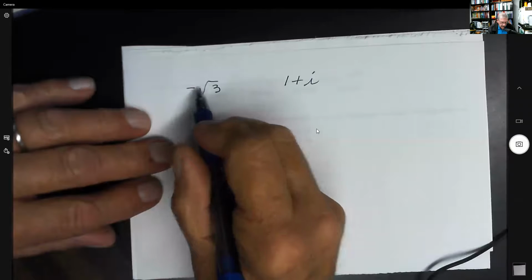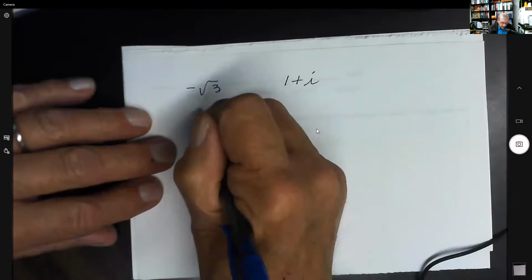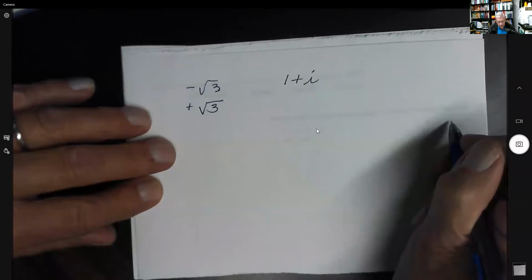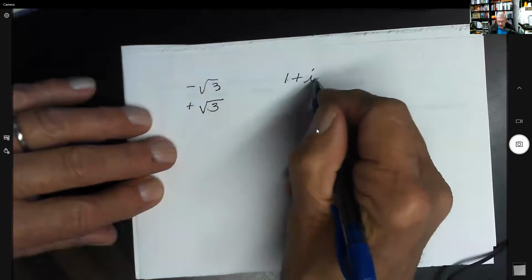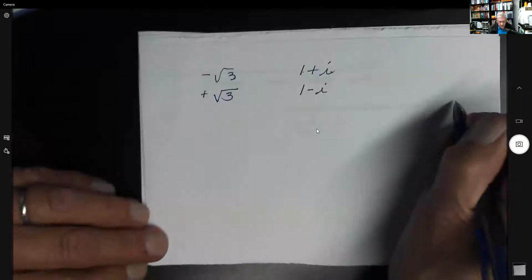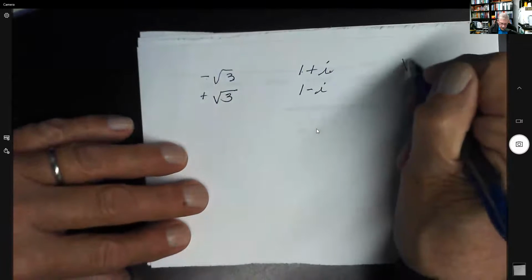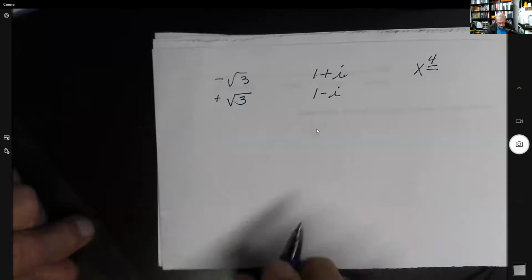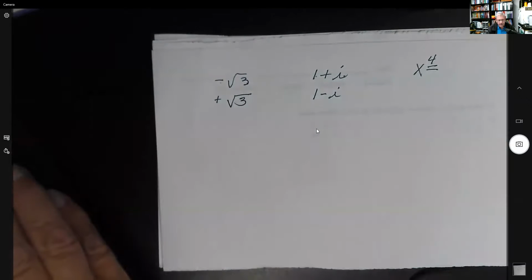Okay, so this is negative radical 3. You're going to have also positive radical 3. And if you have 1 plus i, you're going to have 1 minus i. So your equation has to be to the 4th power, because there's going to be 4 answers to it.